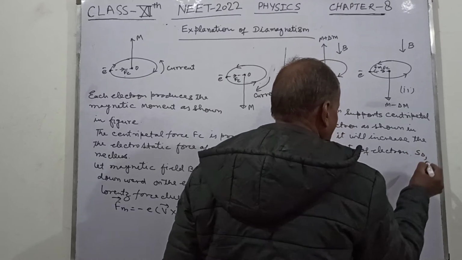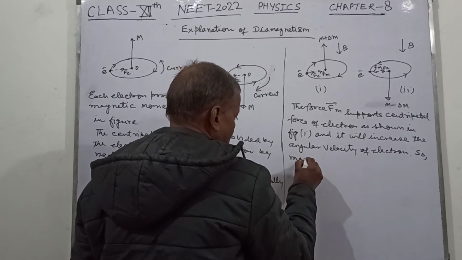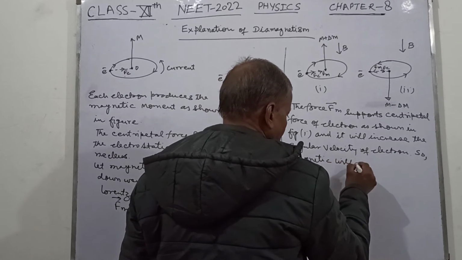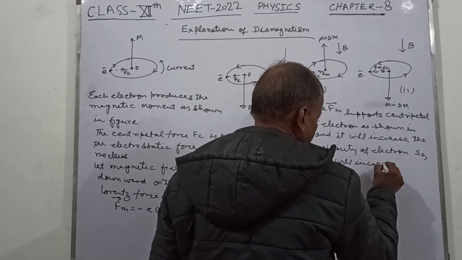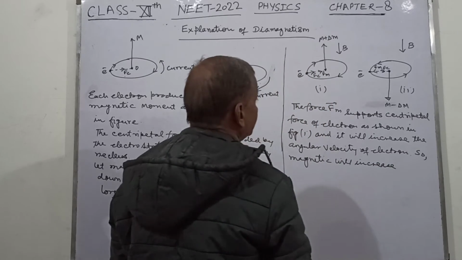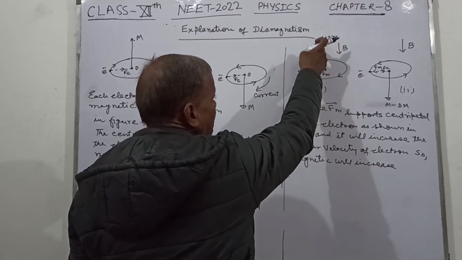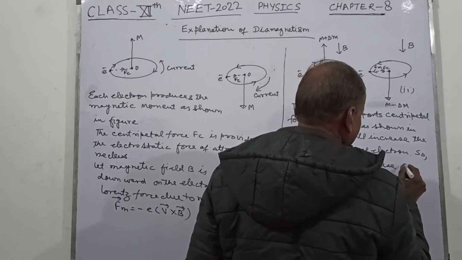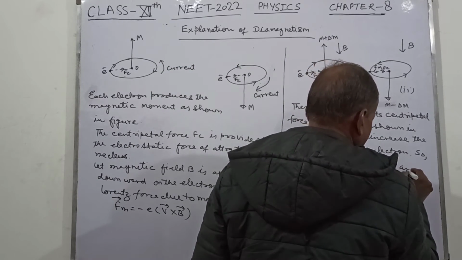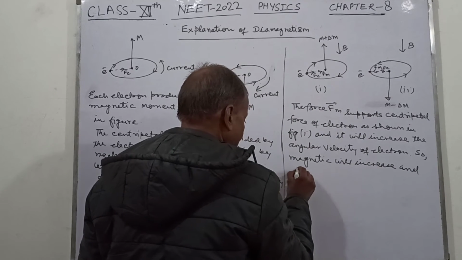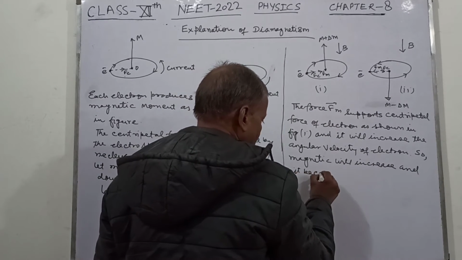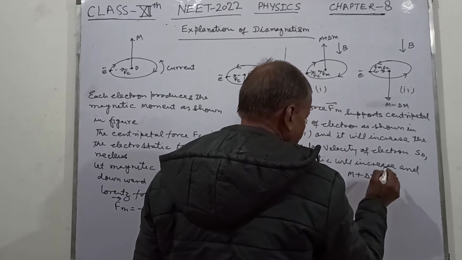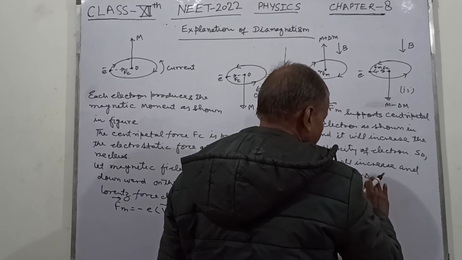So the magnetic moment will increase. It is shown that this is m plus delta m.